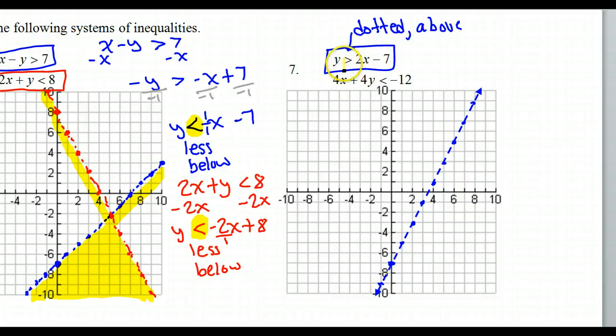Now I'm going to shade above, but not the whole thing, just a tiny part because there's another line coming. Okay, now let's do the other one.